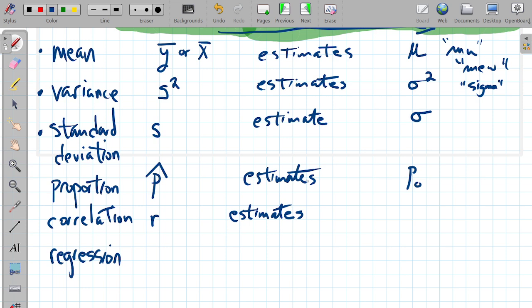And that has a symbol from Greek letters again, rho. That's not a P, by the way. It does look like a P, I'm not going to kid anybody about that, but it's pronounced row, as in row your boat. So correlation from a sample is going to provide an estimate for the correlation of the population.